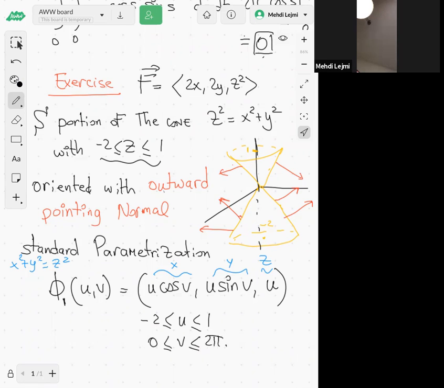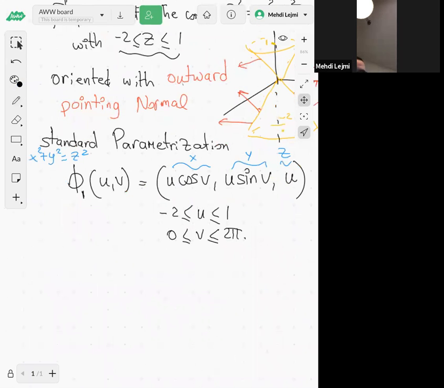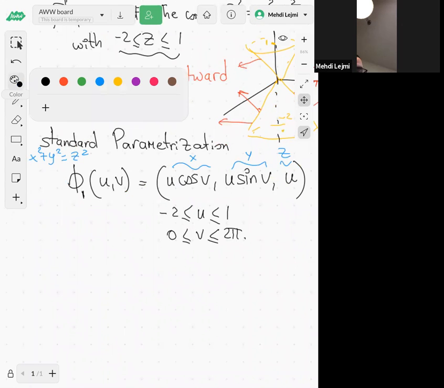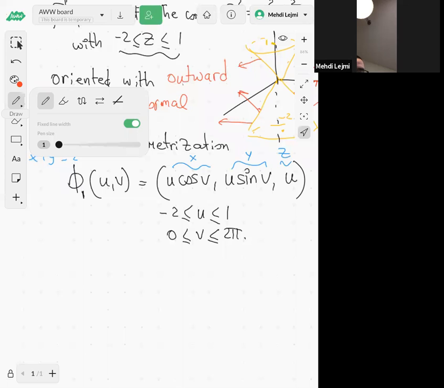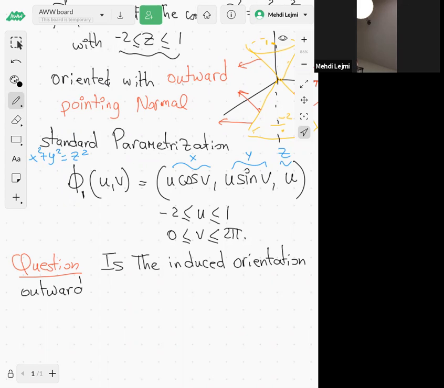So my question for you guys is, what's the direction of the induced orientation of this parameterization? Is the induced orientation outward or inward?